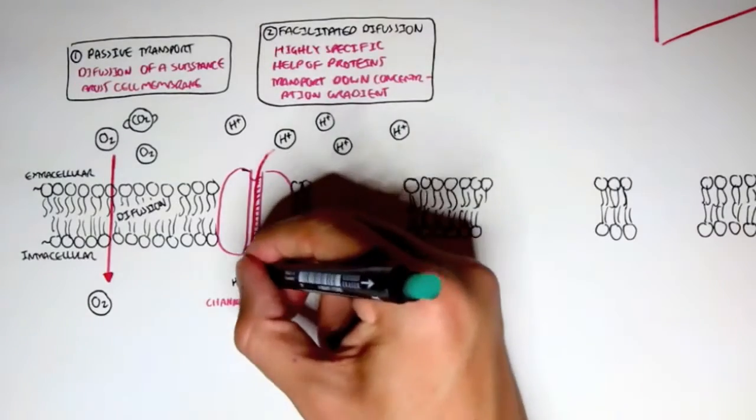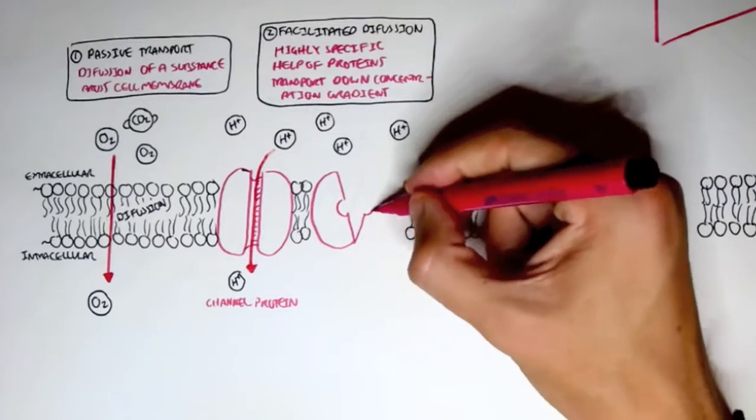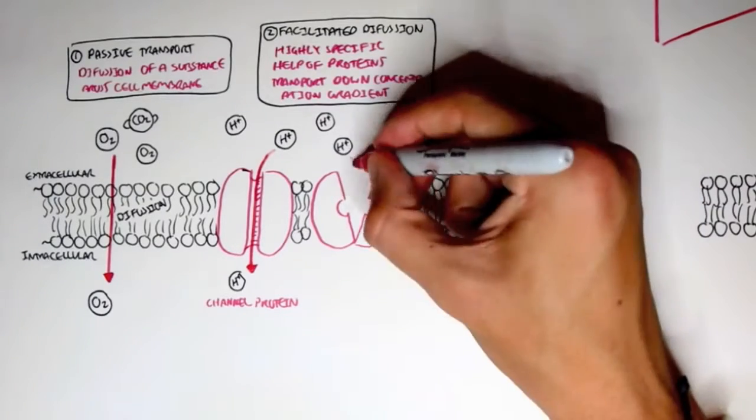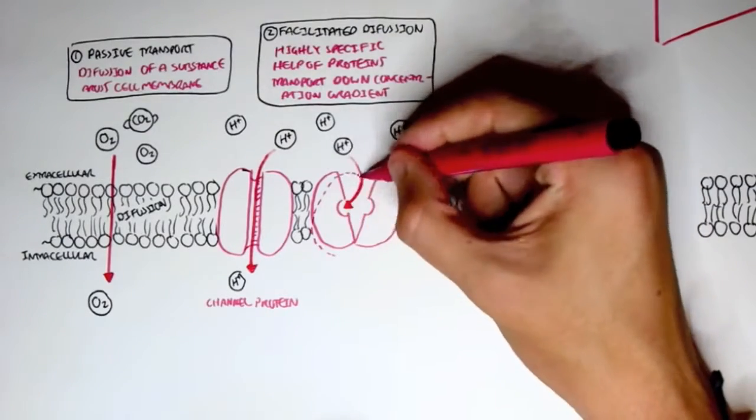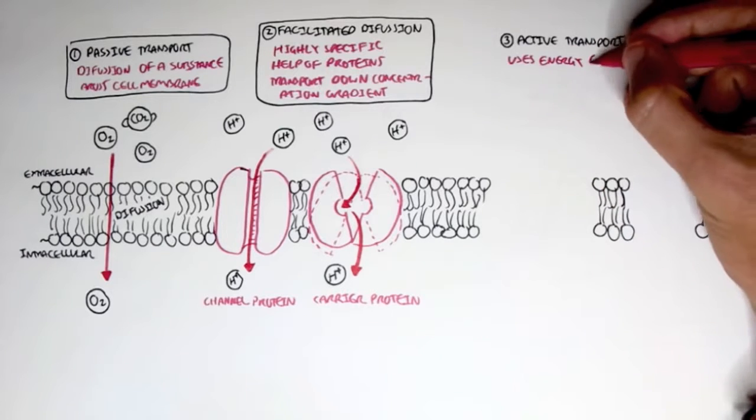And so simply enough, this channel protein will assist hydrogens to move down into the intracellular fluid, down their concentration gradient. And then we have another type of protein transporter, which once a proton binds to it, it makes a conformational change, so it switches, therefore releasing the hydrogen in the intracellular fluid. And this transporter is known as a carrier protein, which is a part of the facilitated diffusion.